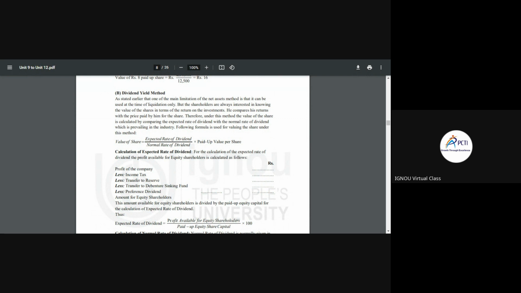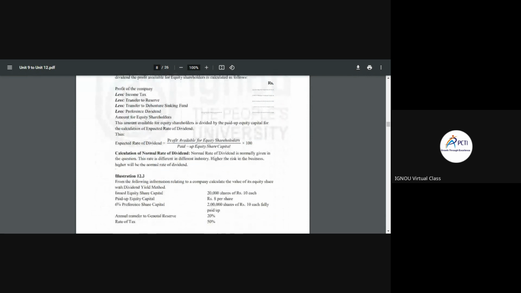So the expected rate of dividend is equal to profit available for equity shareholders divided by paid up equity share capital multiplied by 100.